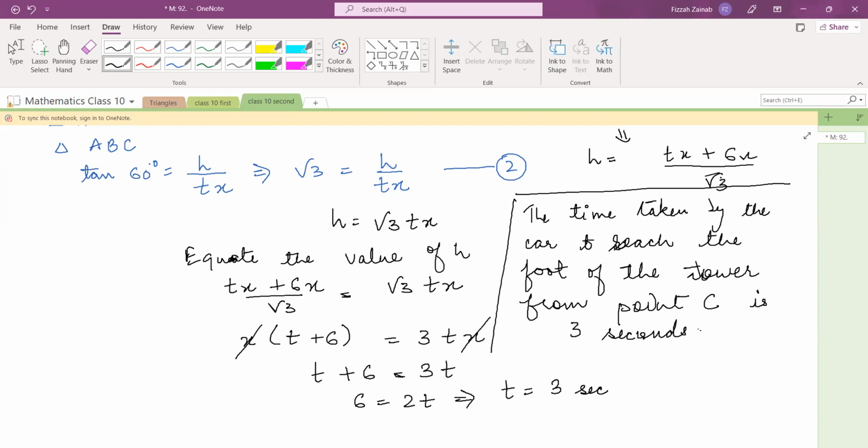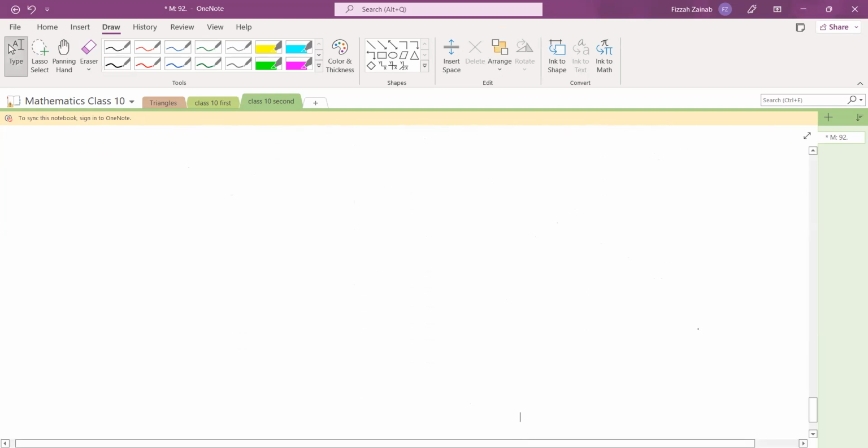All right, last question now. Question 16. The angles of elevation of the top of a tower from the 2 points. Okay, first of all, mark your ground. For top of a tower, right?